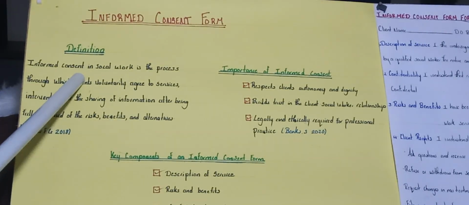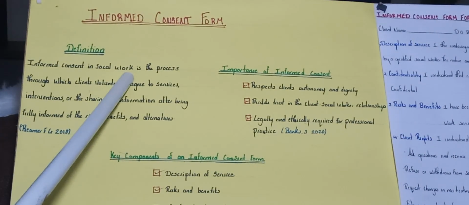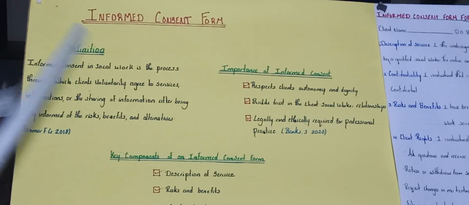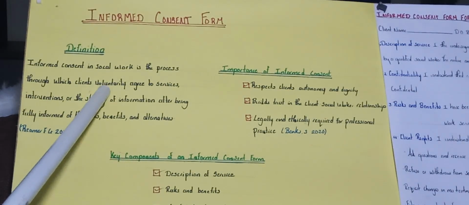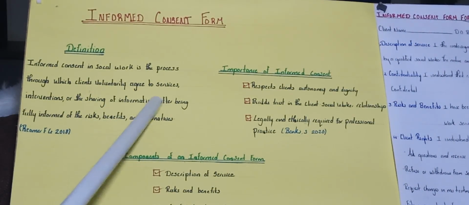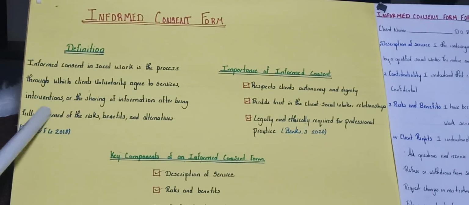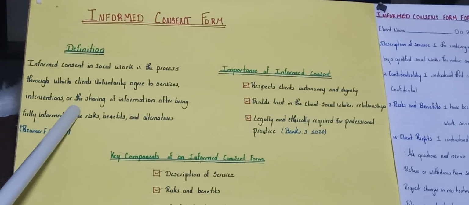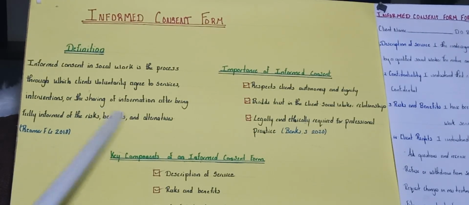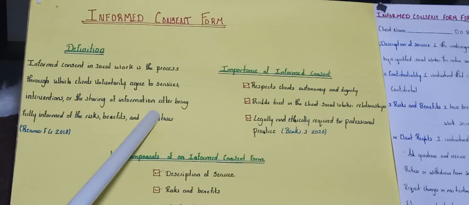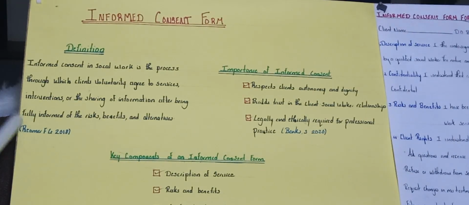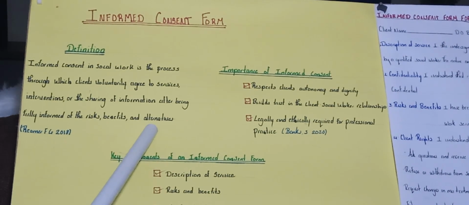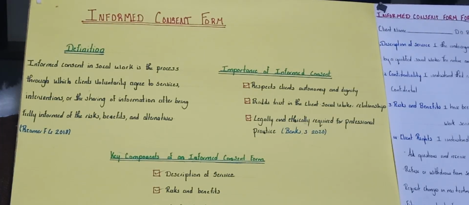Informed consent in social work is the process through which clients voluntarily agree to services, interventions, or the sharing of information after being fully informed of the risks, benefits, and the alternatives.